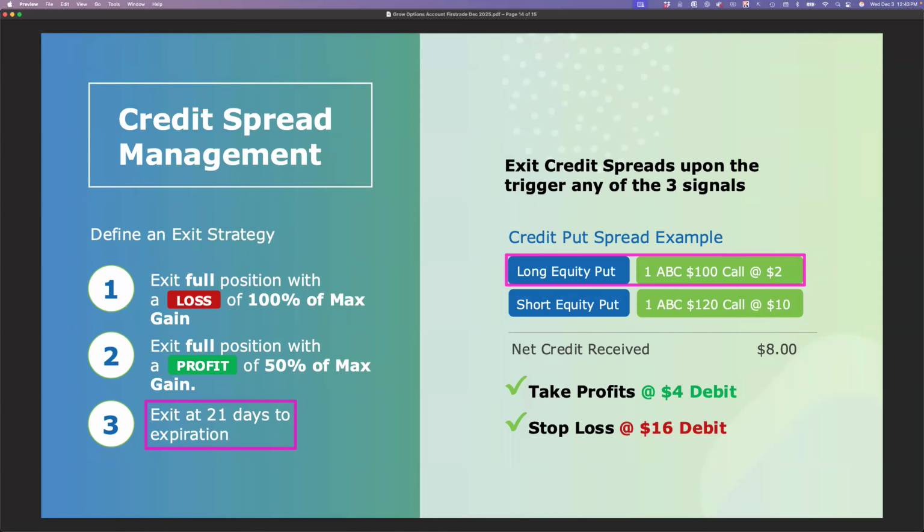So it's all about making sure that you remove that early assignment risk. If you have a credit spread that's approaching 21 days to expiration, you want to also consider rolling that trade at that time as opposed to holding it to expiration. So those are the rules that we generally have in place for managing a credit spread.